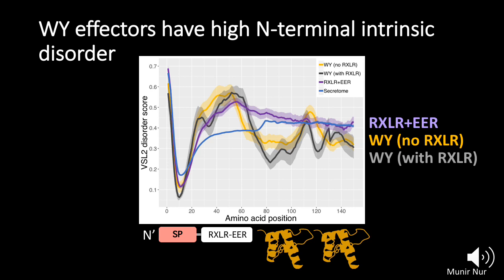And then for the WY proteins, which are in black and yellow here, you see an ordered region which coincides with the first WY domain. Right now this is an observation that currently lacks an explanation, but I suspect that it may be related to the mechanism of translocation of RXLRs, so we'll see what happens in the future. But you can see that RXLRs and WYs do share that characteristic in the N-terminus.